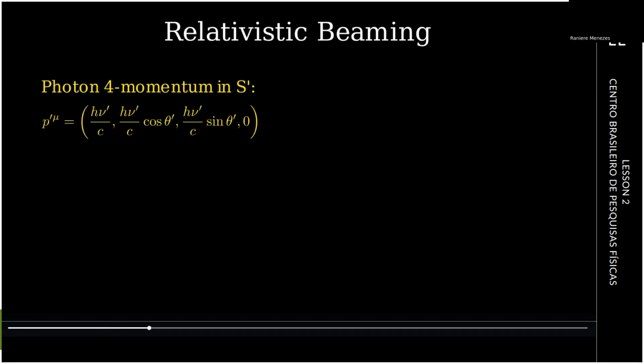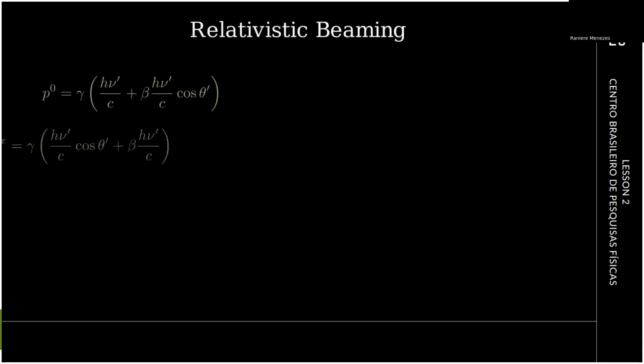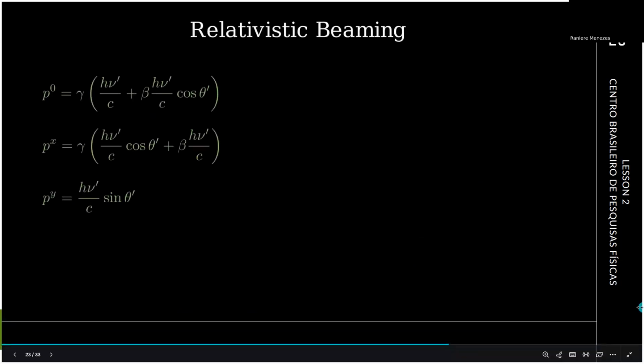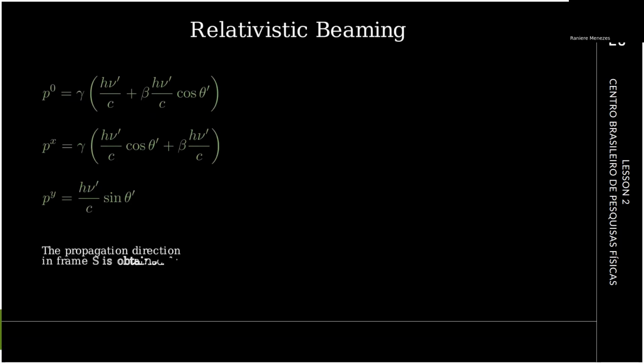Okay, so back to our slides. To get the incoming angle, we just take the cosine of the x component over the norm of the quadrivector, but the norm for a photon is simply the first component.